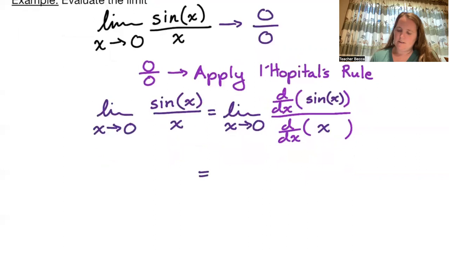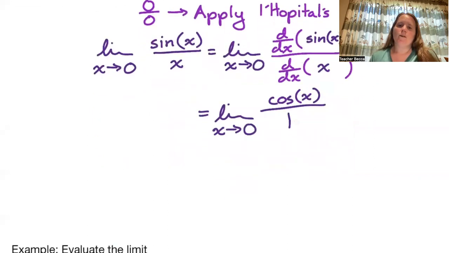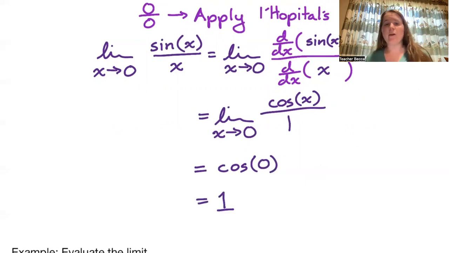The derivative of sine is just cosine of x, and the derivative of x is just 1. Taking this limit, we get cosine of 0, which is 1. So this was what the special limit evaluated to: the limit as x goes to 0 of sine of x over x is 1. This is another way of seeing where that limit comes from.